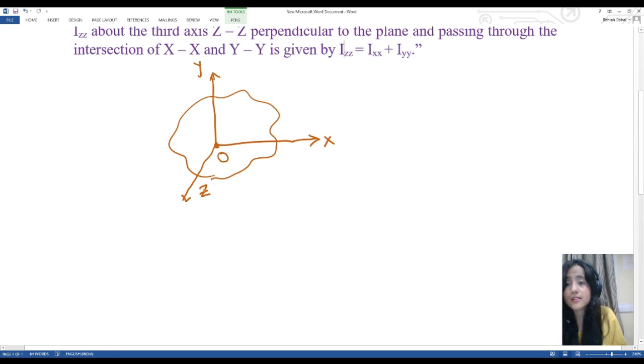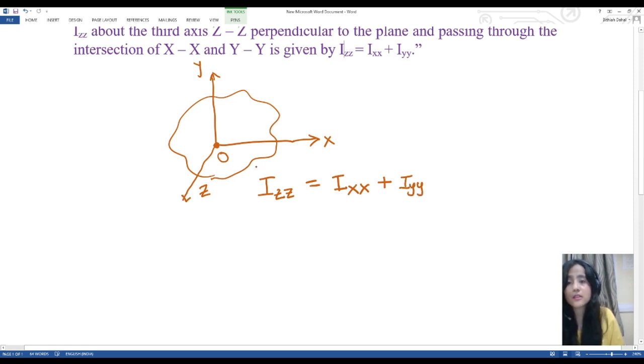and this moment of inertia about the third axis, which is perpendicular to the plane and passing through this intersection O, is equal to Izz equals Ixx plus Iyy.